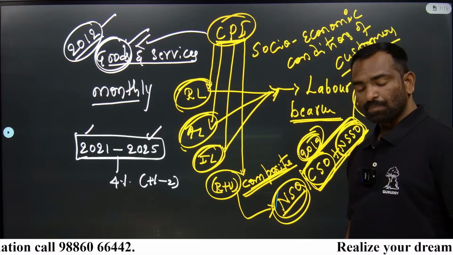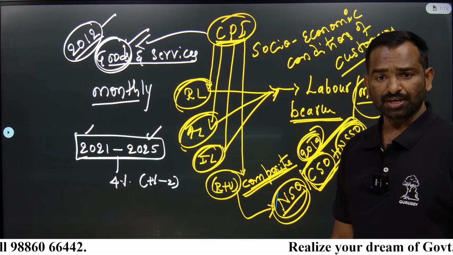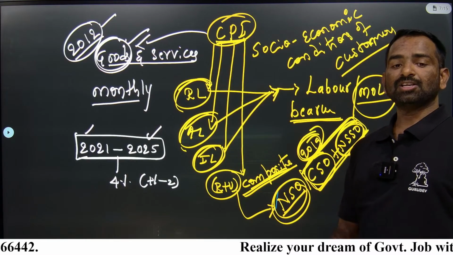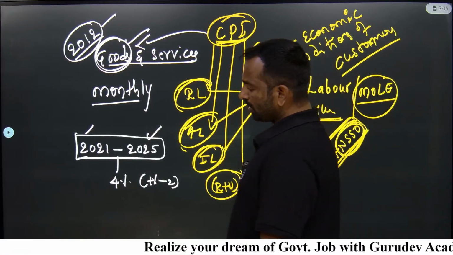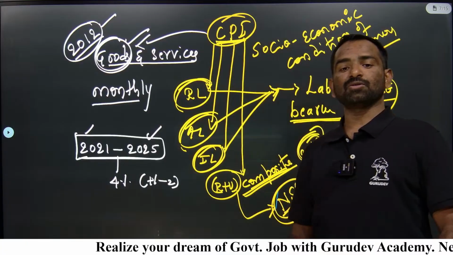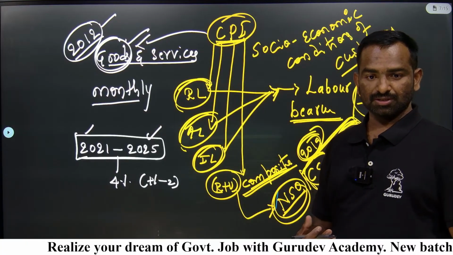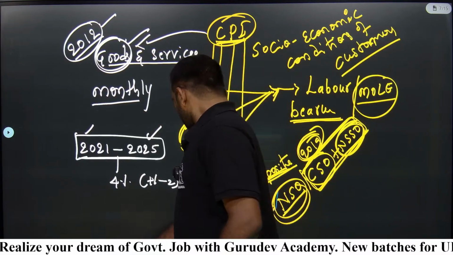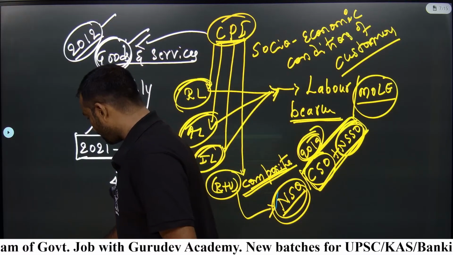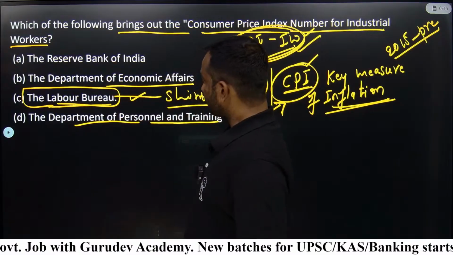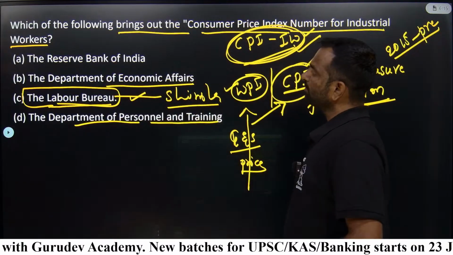My point is very clear. When the examiner asks a question, he will never ask entirely new questions every time. He will ask questions based on previous year questions. So you have to know the idea and concept of inflation.